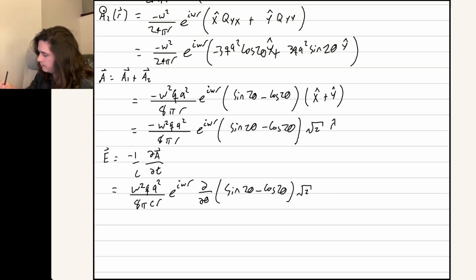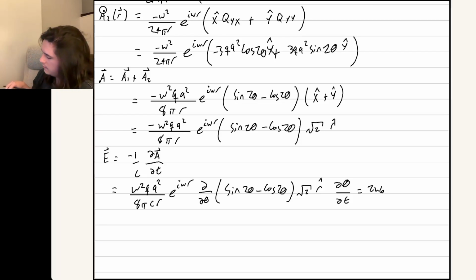We'll still end up with a root 2 r hat, and then the derivative of 2 theta with respect to time will just be 2 omega naught. That is the actual frequency of the square rotating around.